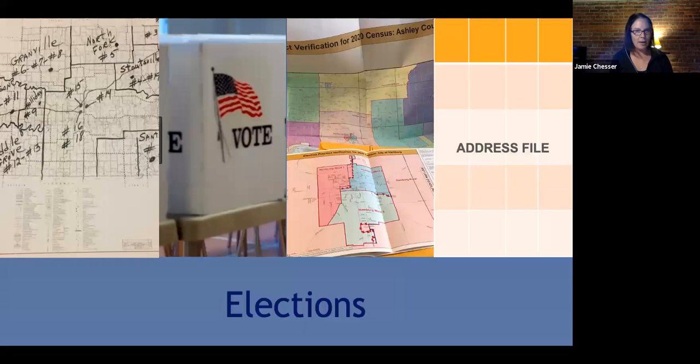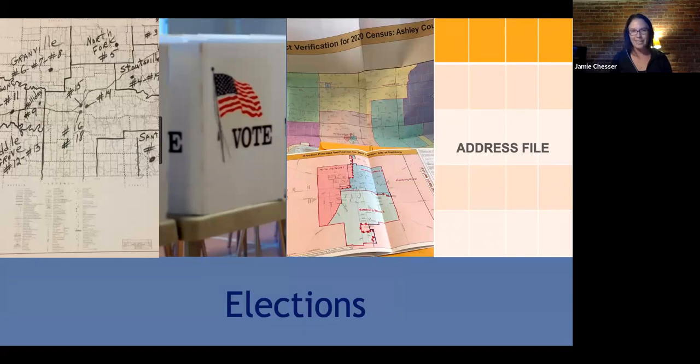Let me give you a little background about HAVA, or the Help America Vote Act that was passed in 2002. It required states to establish and maintain a state elections address database. Grants were even given that supported the creation of the address list approach to manage the assignment of voters to precincts. As you might imagine, the lists were really difficult to build and maintain.